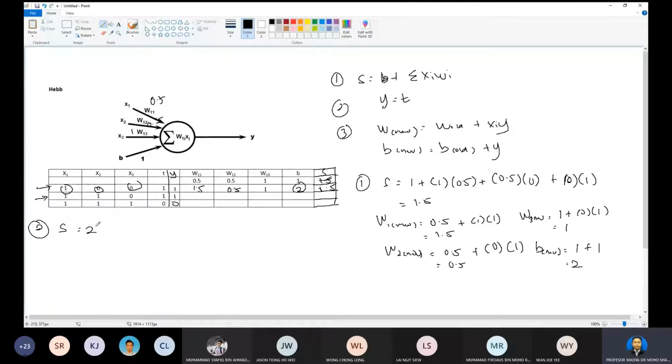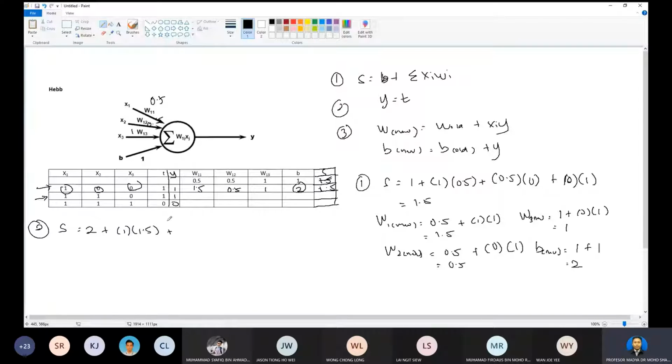Some mistake of the previous students: they maintain the initial values for weight and bias. That is wrong. For the second iteration, you have to follow the previous weights and bias. That's why weight 1 is changed, but weight 2 and weight 3 are maintained, and the bias is changed. So S will be changed. Plus x1, x1 is 1, weight 1 is 1.5, so this one is changed to 1.5, not 0.5.